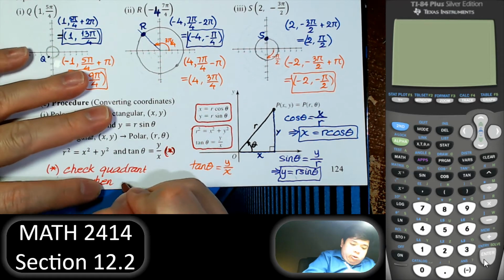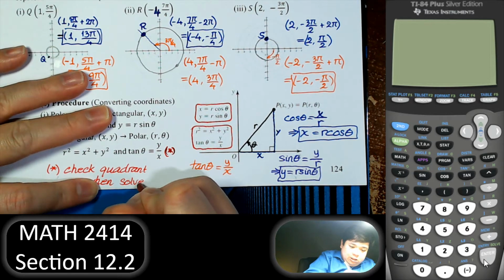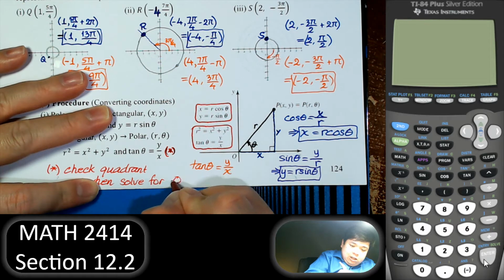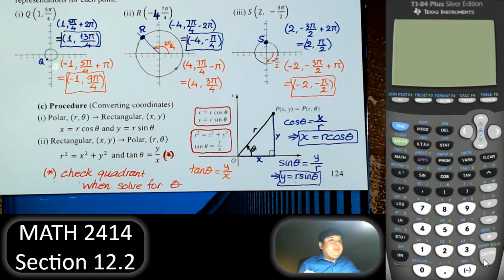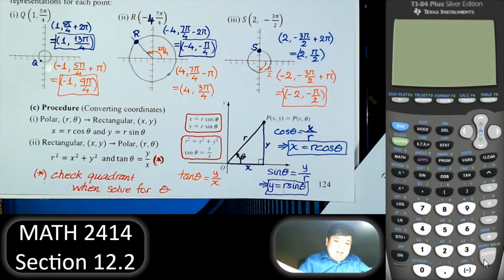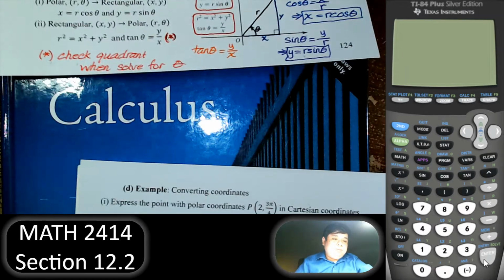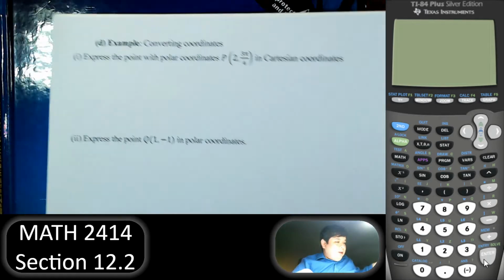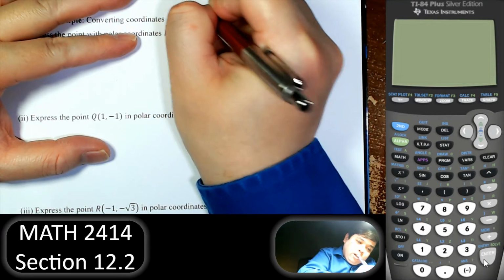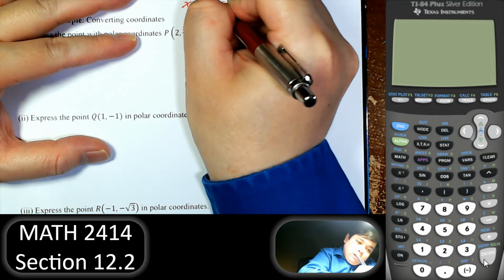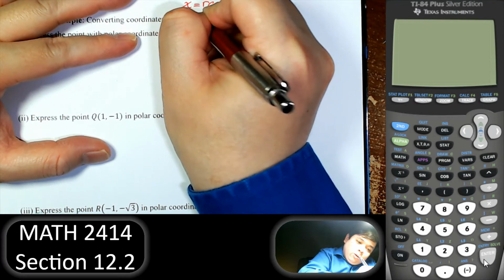When solving for theta using that formula. Other than that, it should be simple. Right. Let me write that out again because that is important. X equal r cosine theta, y equal to r sine theta.